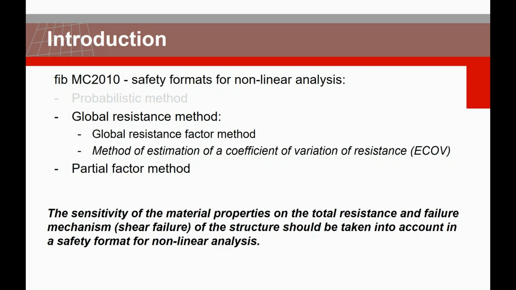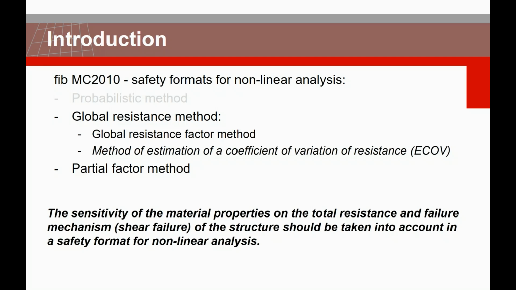At the bottom, I wrote down what we are actually looking for: the sensitivity of material properties on the total resistance and the failure mechanism. That means that you're not really allowed to switch your mechanism when you change your material properties; this should be taken into account in a safety format for nonlinear analysis.